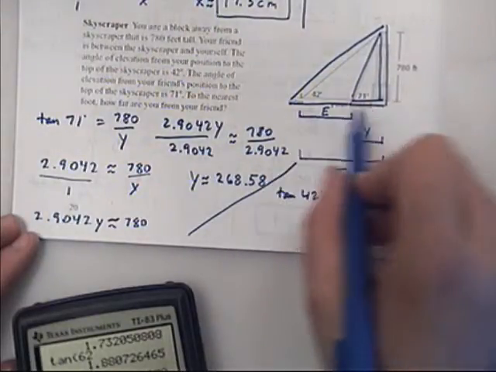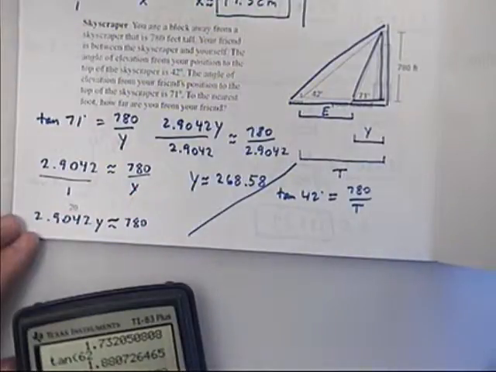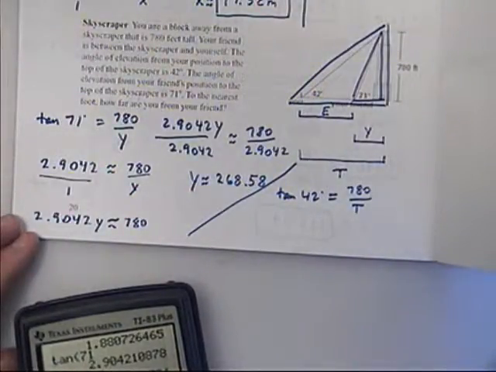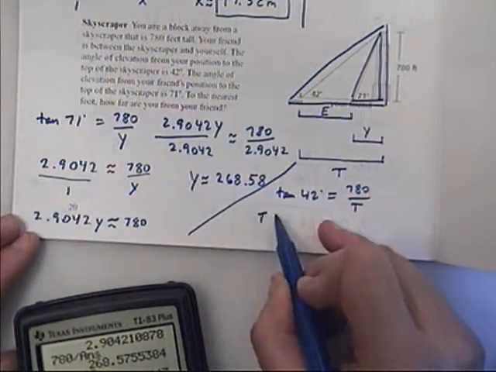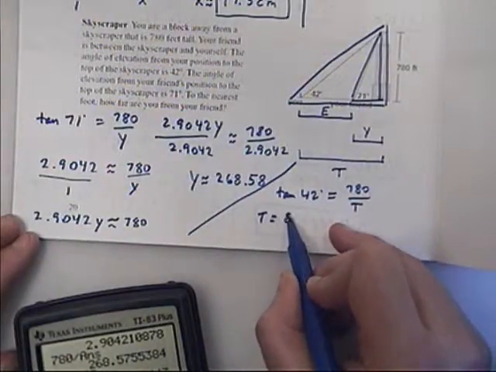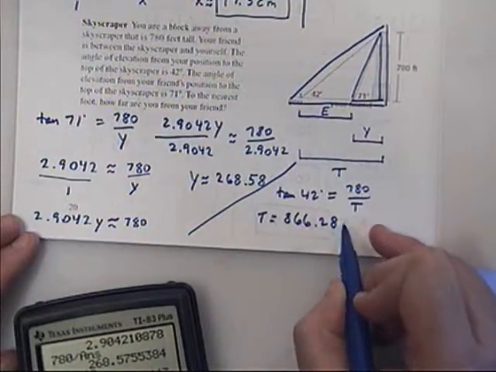This time on the large triangle would be the side down here, t. I don't have a whole lot of space here, so I'm just going to calculate things that I need on my calculator. So t turns out to be approximately 866.28 feet.